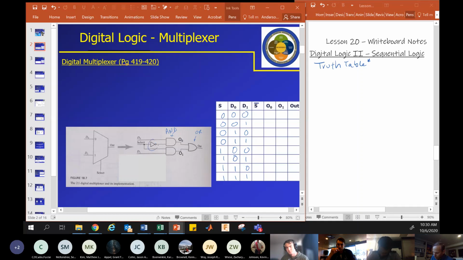So what's this guy here? This is called the inverter. The inverter. An inverter. Very good. It just changes the state to the opposite state. It can also be known as a buffer. In this case, it would be an inverting buffer. What is it that makes it invert? Is it the triangle or the little circle?